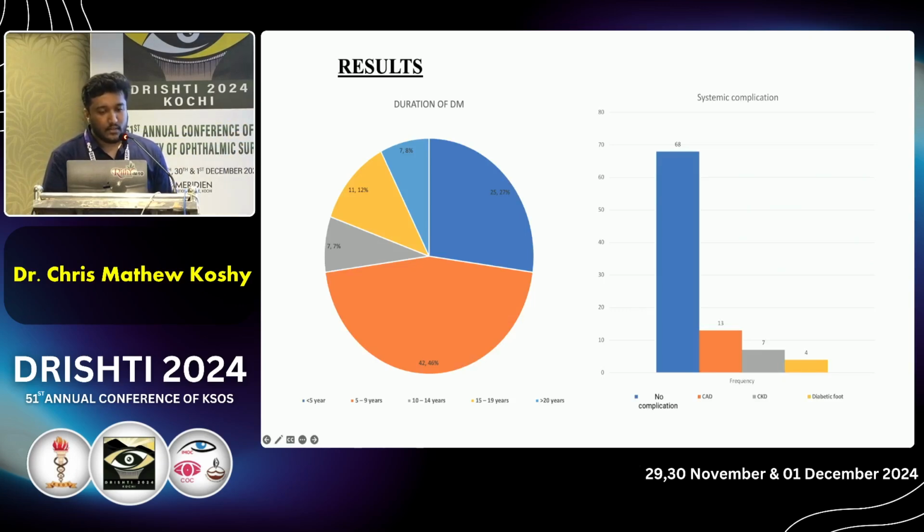27% had diabetes with a duration of 5 to 9 years, and for less than 5 years it is about 46%. 68 had no systemic complications of diabetes, 13 had history of coronary artery disease, 7 had chronic kidney disease, and 4 had history of diabetic foot.